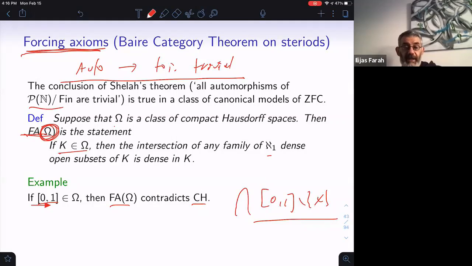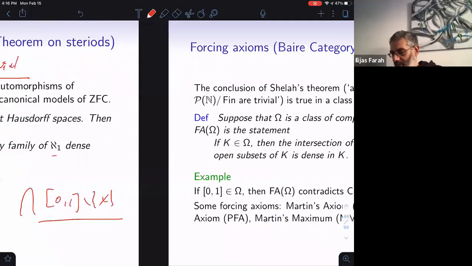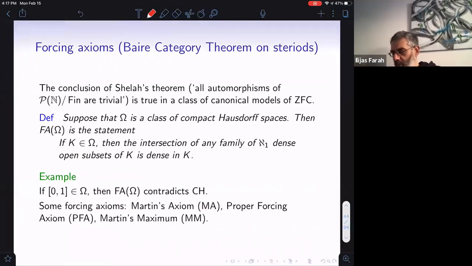A lot has been done on understanding what can be put there, and now we understand it quite well, but the definitions of those spaces are usually quite mathematical. Some axioms that you may have seen are Martin's axiom, the proper forcing axiom, Martin's maximum. We'll be using a consequence of the proper forcing axiom, which is independent from Martin's axiom.